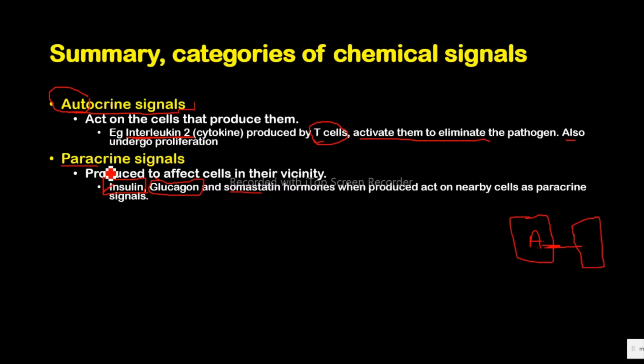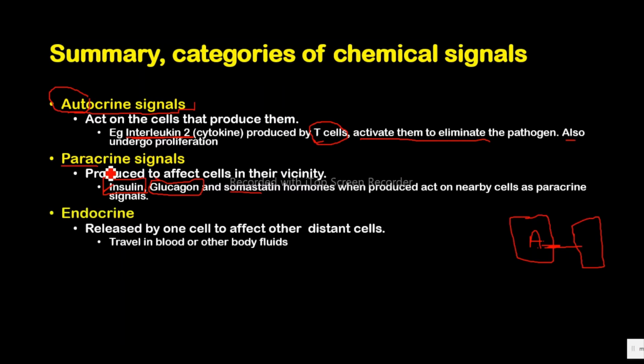Then another class, we have the endocrine signals. Now this one is the most common one. It is common to your ears. Here, the chemical is produced by one cell, maybe cell A, and this chemical will be released out of this cell A by exocytosis into the bloodstream or any other circulatory fluid.